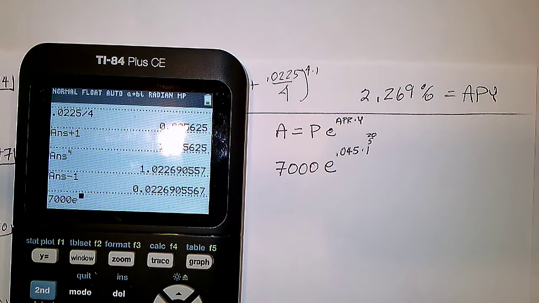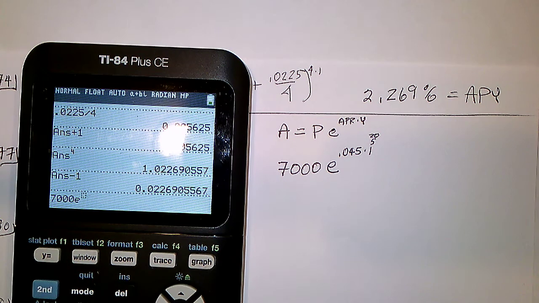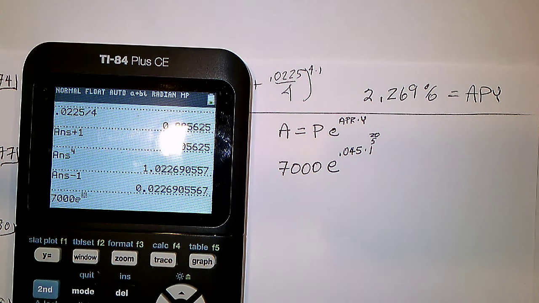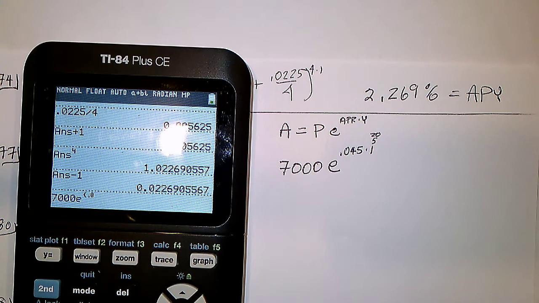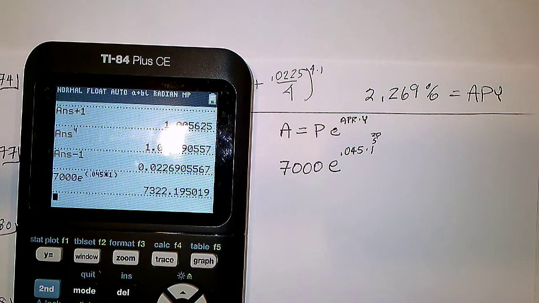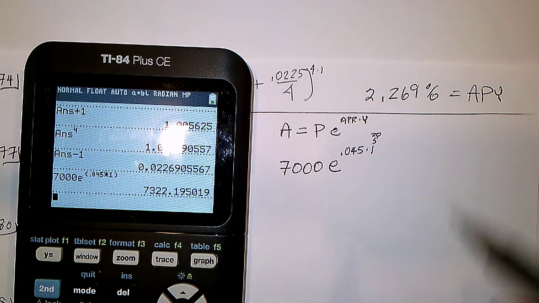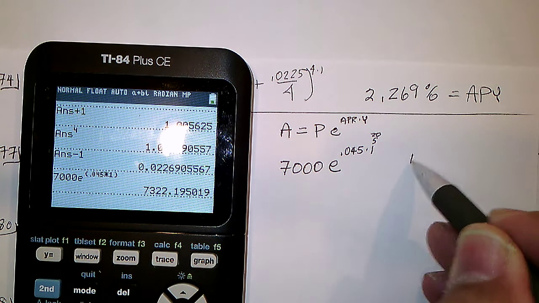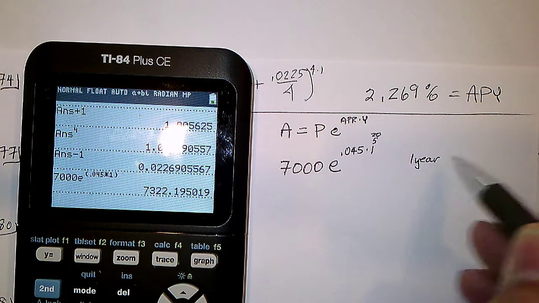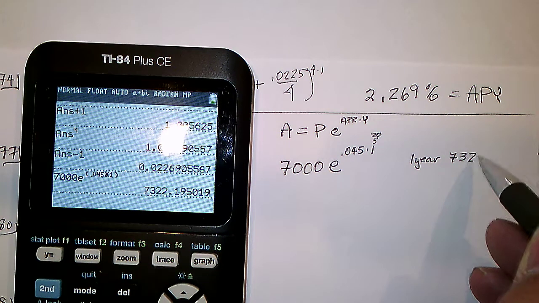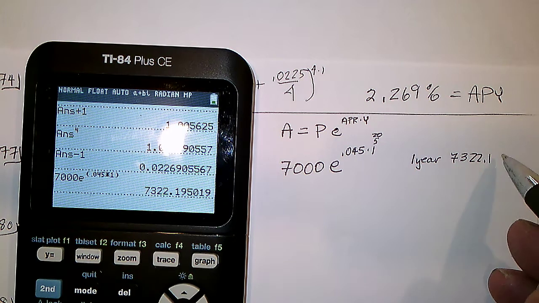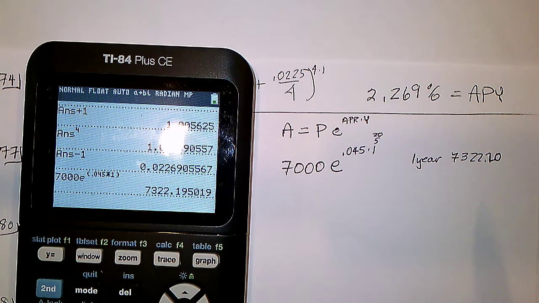Second, e to the, parenthesis, 0.045 times 1. Enter. And so for 1 year, it's 7322.120, I guess.